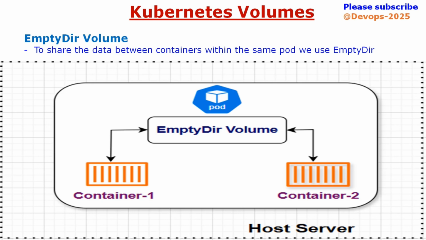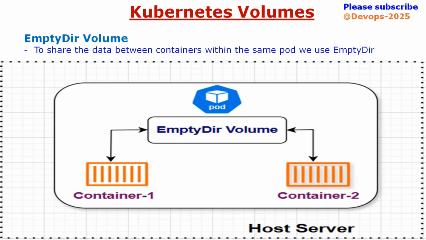Not only main containers and sidecar containers, we use it to share data between any containers inside the pod. How this helps is, whenever you create a new pod, you get a new volume which is initially empty.